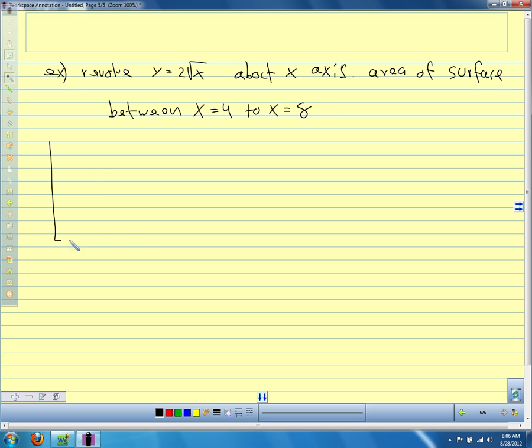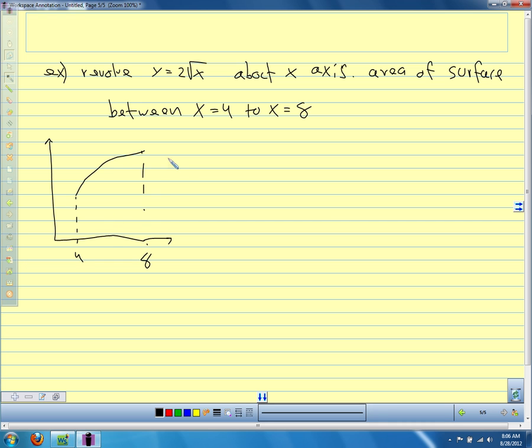Just a quick sketch. Here's our little piece of the surface of 2 square root x, and we're integrating from 4 to 8, and we're revolving this about the x-axis.